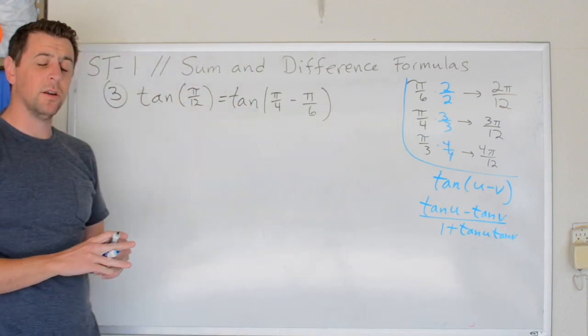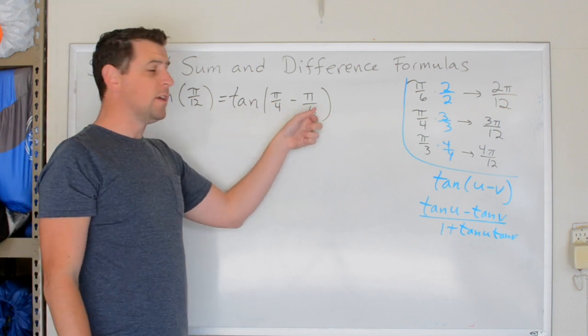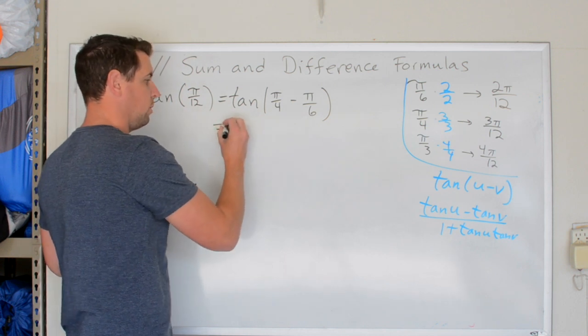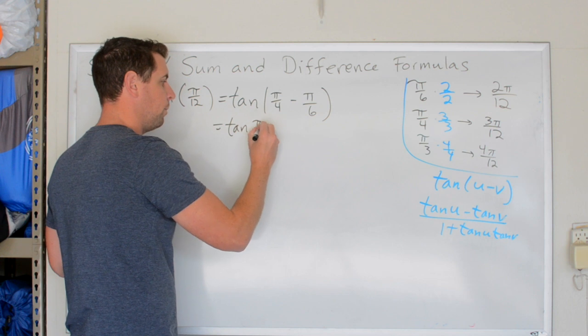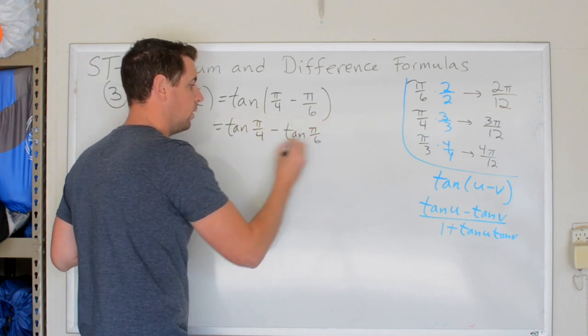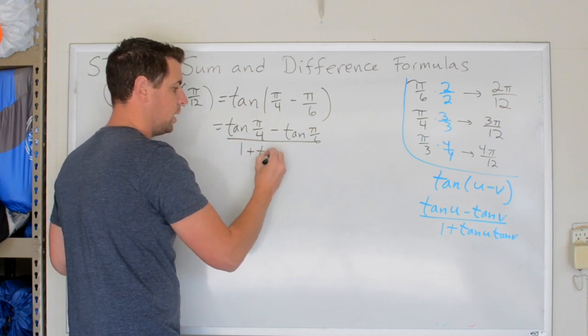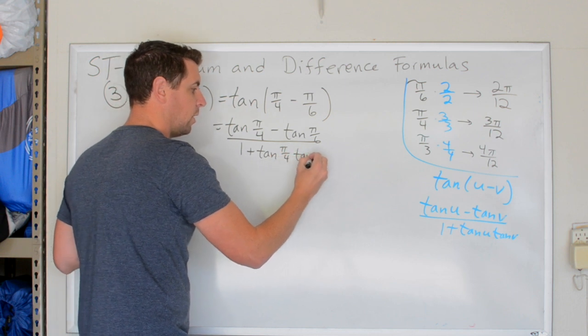At this spot, I know that my u is my first angle, which is pi over 4, and v is my second angle, which is pi over 6. So at this point, I'm going to do tangent of pi over 4 minus tangent of pi over 6 divided by 1 plus tangent of pi over 4 times tangent of pi over 6.